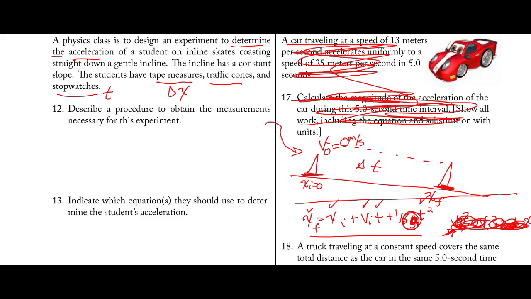So in words here, you would just say place 2 cones a set distance apart, and that could be any distance within reason. It's got to be on the ramp.